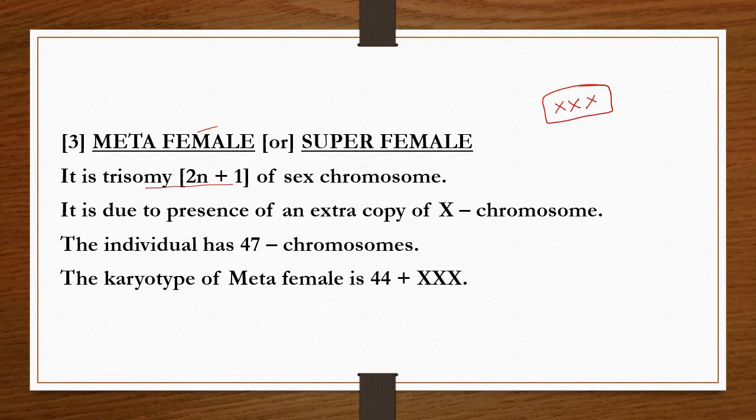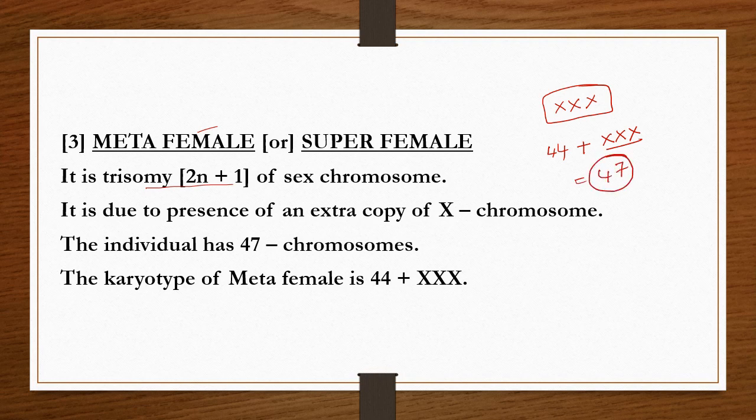The genotype or karyotype of these metafemales is triple X along with 44 autosomes. 44 autosomes plus XX is normal, but this metafemale is due to the extra X, that is 3 plus 44, so the total number of chromosomes in this case is 47.